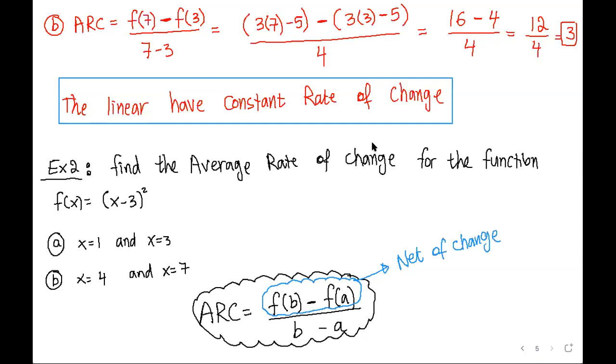Okay, who will do the first one? x equal 1 and x equal 3. It's f of 3 minus f of 1 over 3 minus 1. Okay, nice. So the first one, average rate of change equal f of 3 minus f of 1 over 3 minus 1.